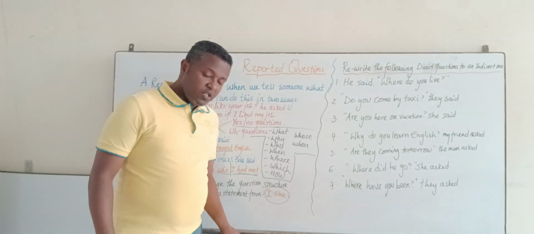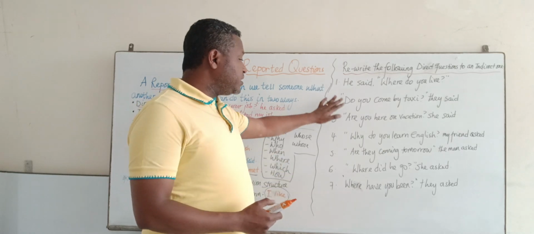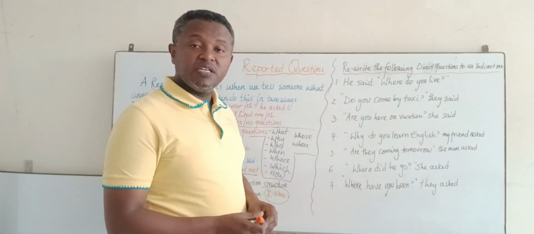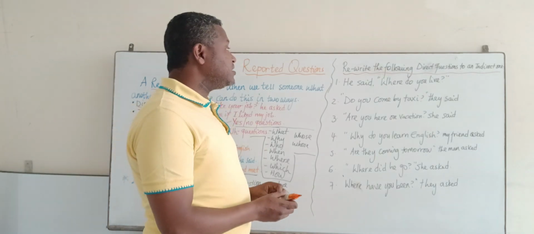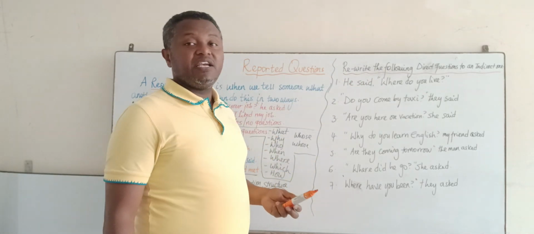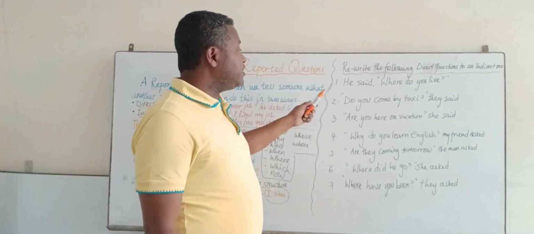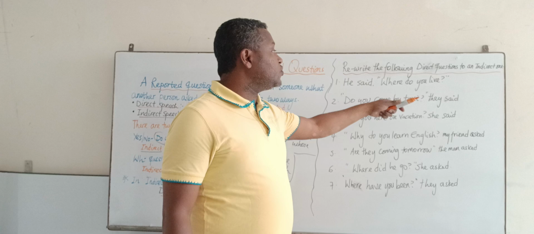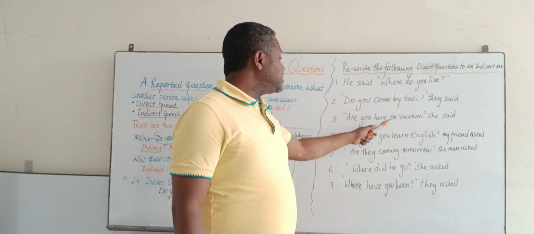Now, just to practice, I would like you to have a look at these questions. There are 7 questions that need to be addressed. It says rewrite the following direct questions to indirect ones. So let me give you some time. Look at them. The first one, he said, where do you live? Number 2, do you come by taxi? They say.